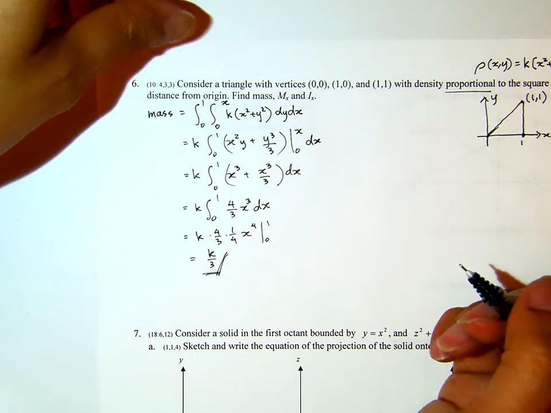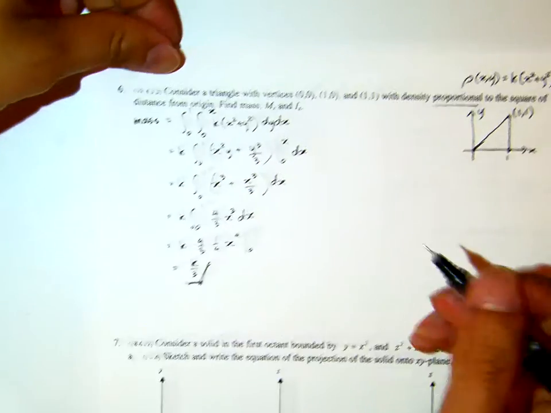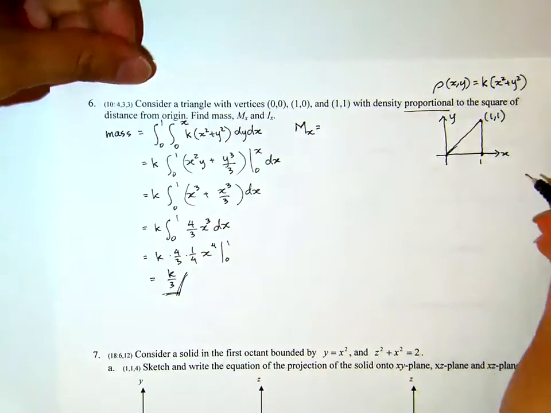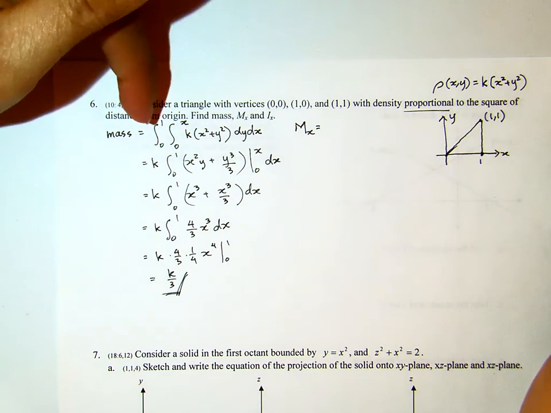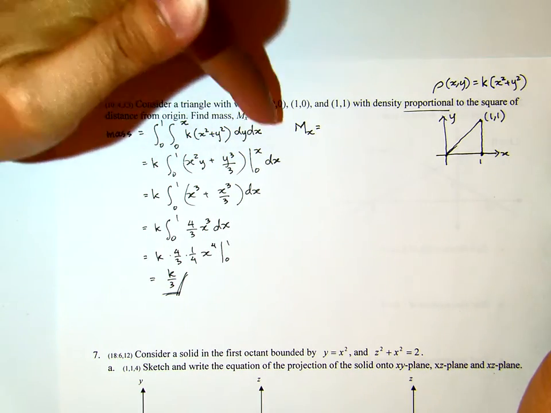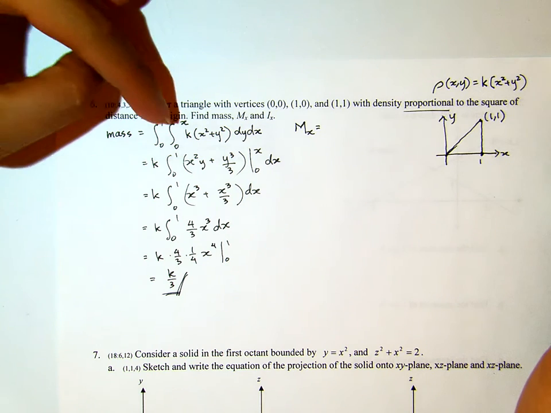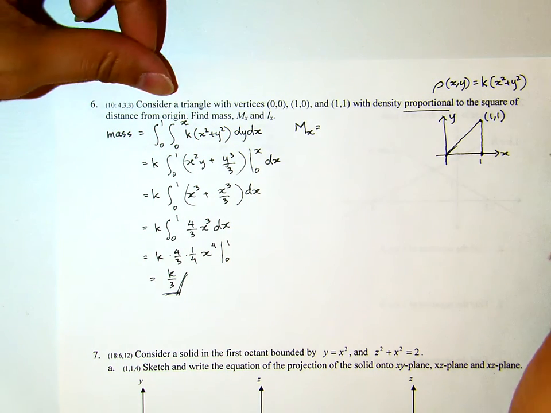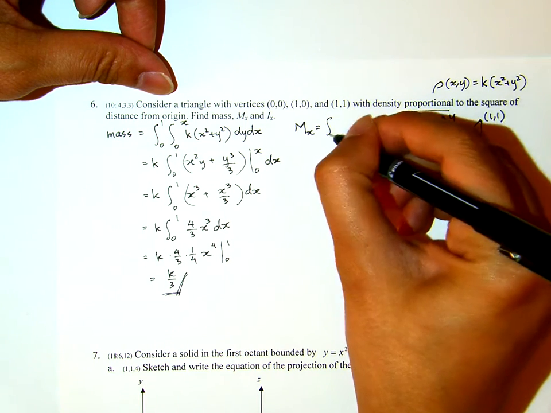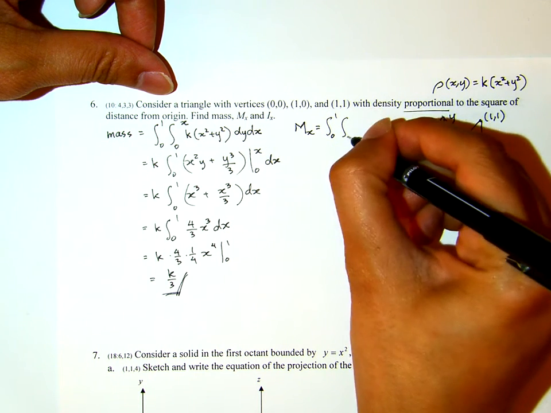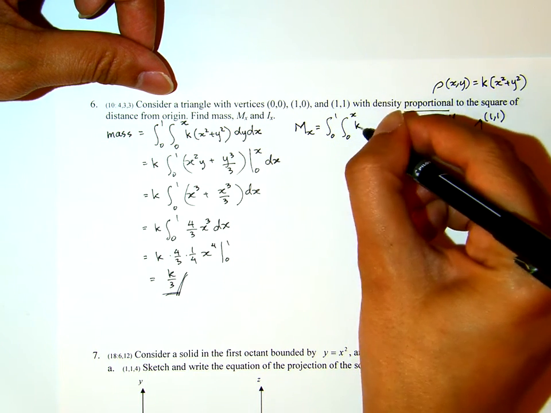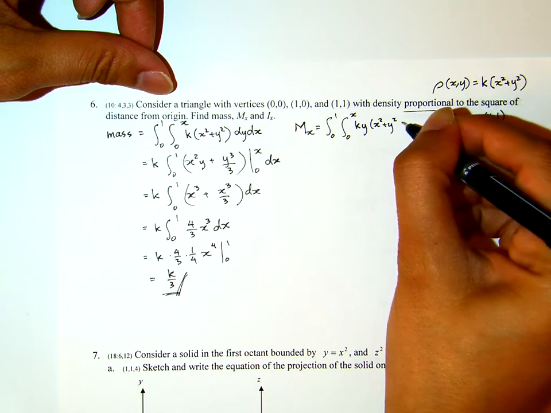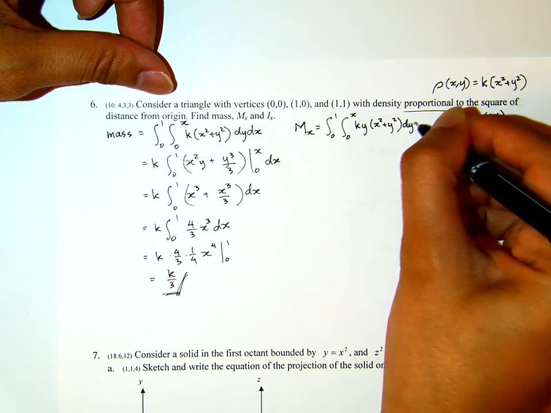Now how about the moment with respect to the x-axis? The moment with respect to the x-axis is basically the same integral as the mass, but I will insert y in there. There will be integral from 0 to 1, integral from 0 to x, ky times x squared plus y squared dy dx.